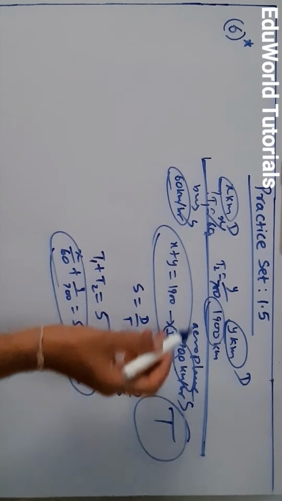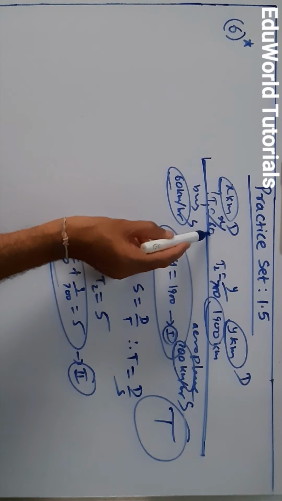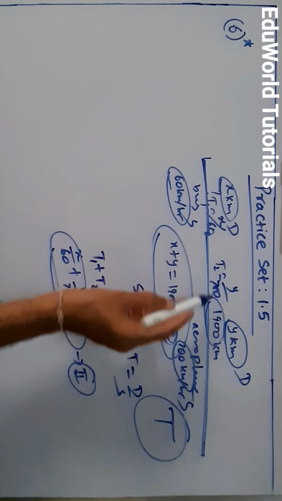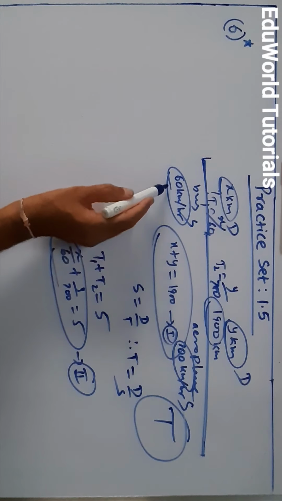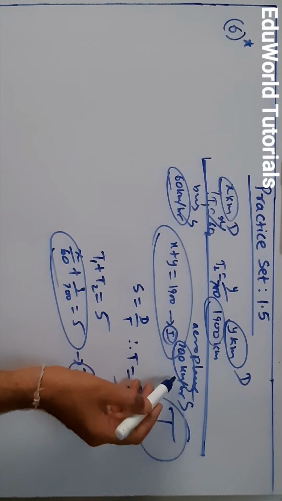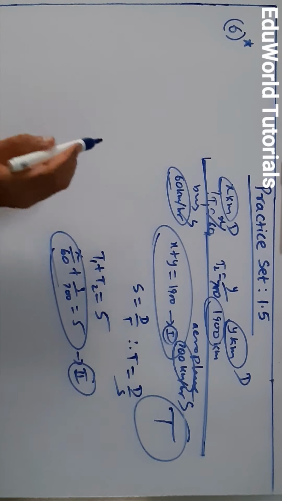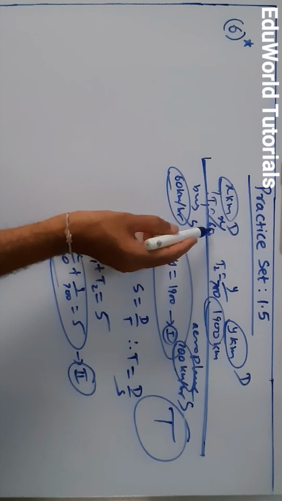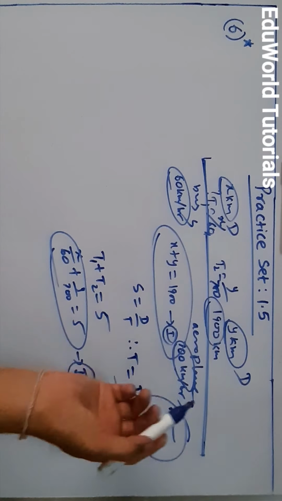Again, in short, I am explaining: this is the total journey of 1900 km. This much distance is traveled by bus by Vishal and this much distance is traveled by aeroplane. We are given the speed of bus, 60 km per hour, and speed of aeroplane, 700 km per hour, and they have asked us how much distance Vishal traveled through bus. So let us take the distance traveled by Vishal through bus as x kilometer and by aeroplane as y kilometer.